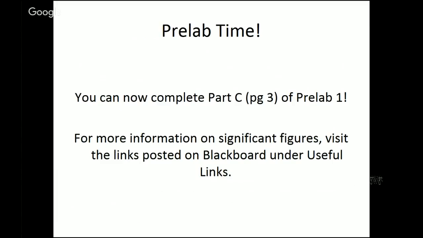Okay. Sig figs can be a little troublesome. They take a bit of practice to get used to. So what I suggest that you do now is you can go into your Prelab for Lab 1, and read through it and complete Part C, which is page 3 of your Prelab.